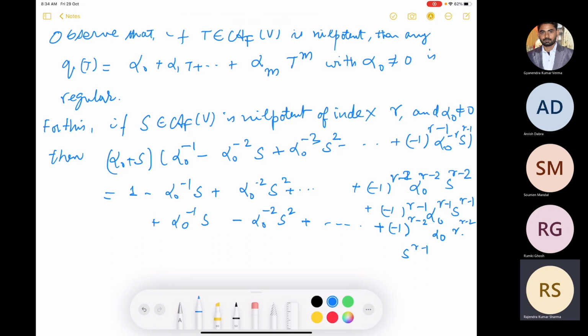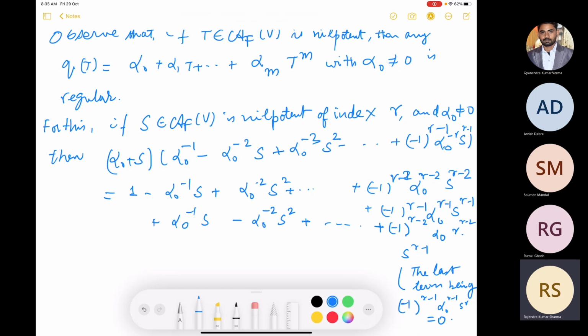And what will happen, the last term when it is multiplied will be S to the power r, and since S is nilpotent of index r, that will vanish.